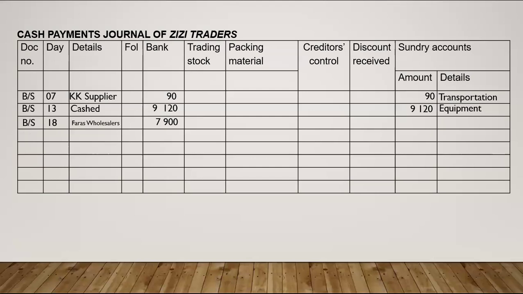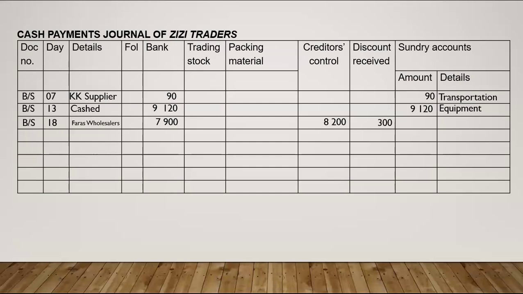Please check the previous classwork. Here it is not that way. When they are shown separately like this, make sure that under creditors control, you record the total amount that was owed, which will be the 8,200. And then you put the discount under discount received, and that will be 300.